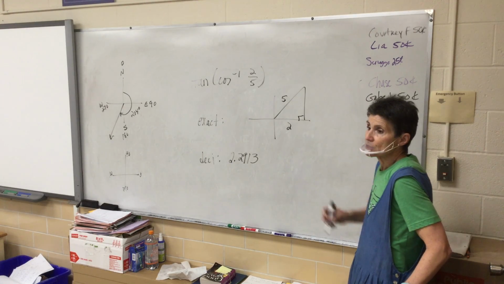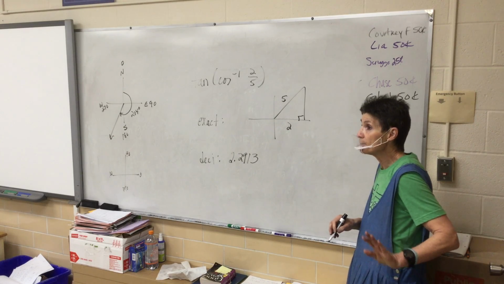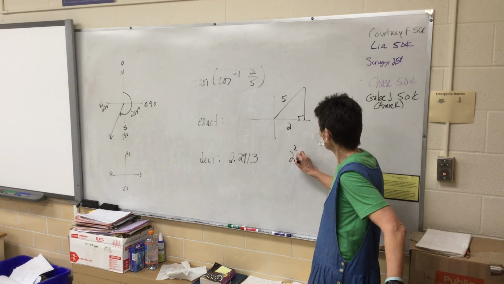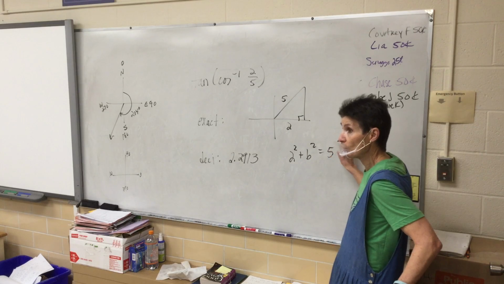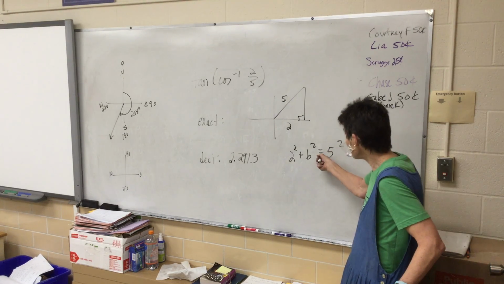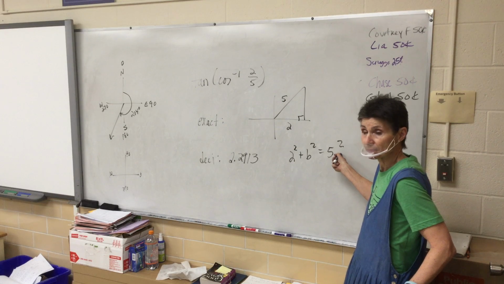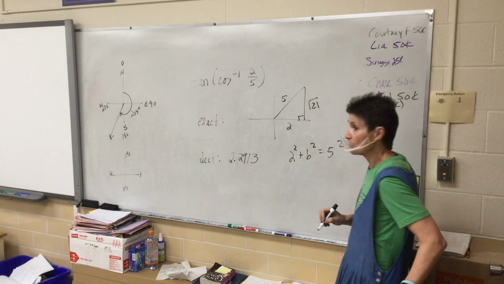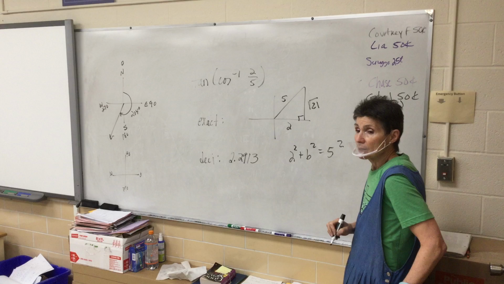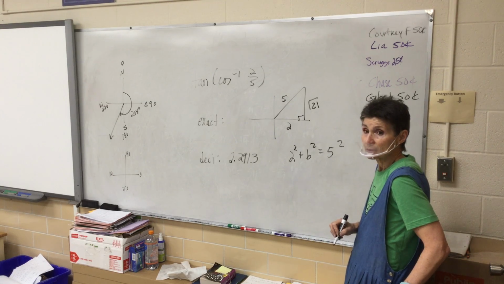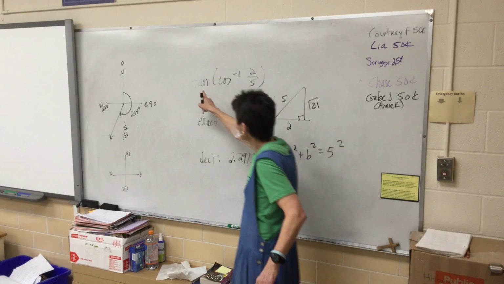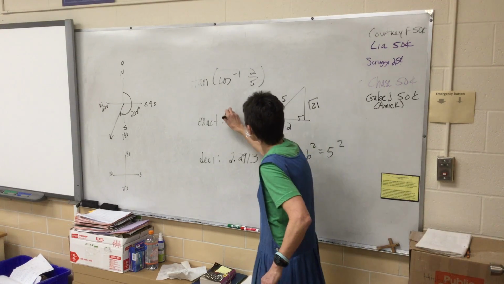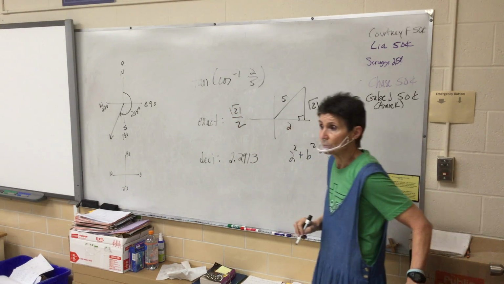So to do that, I will use the Pythagorean Theorem, and I will say 2 squared plus b squared equals 5 squared. Remember, it's always equals hypotenuse. Always. So did you get the square root of 21? And it's positive. So now I need the tangent of this picture. Well, the tangent of that picture is root 21 over 2.